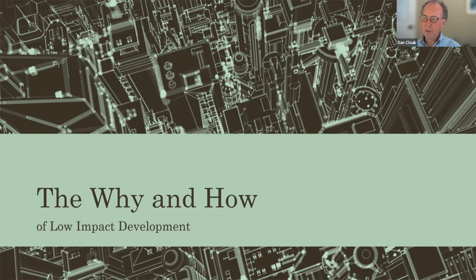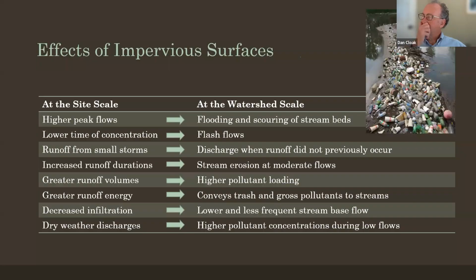So let's move on to the why and how of low impact development. This is a brief review of the problem that low impact development is trying to address. And that can be summarized in one word, which is imperviousness.